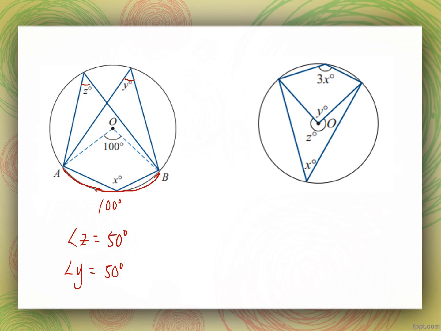Let's find angle X. We can use a different concept here to solve for angle X. I'll be using a cyclic quadrilateral. We know that if you have a cyclic quadrilateral, opposite angles are supplementary.